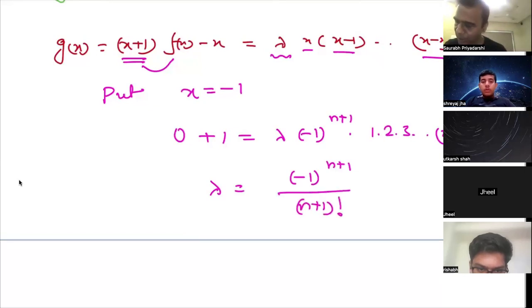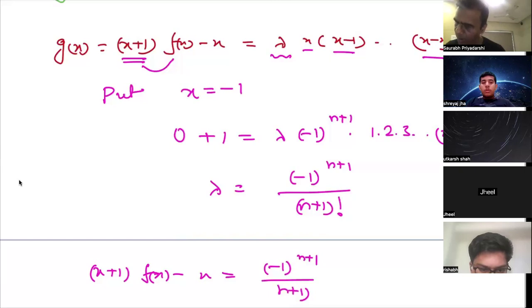This minus 1 to the power n plus 1 is coming in the denominator, but you multiply with minus 1 to the power n plus 1 in the numerator and denominator, so you get the same lambda. So I can say g(x), or f(x): (x plus 1) into (f(x) minus x) is equal to minus 1 to the power n plus 1 by (n plus 1) factorial into x(x minus 1) up to (x minus n).